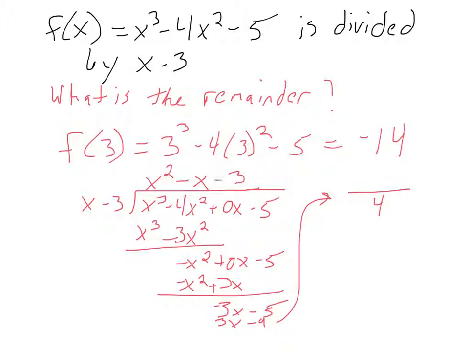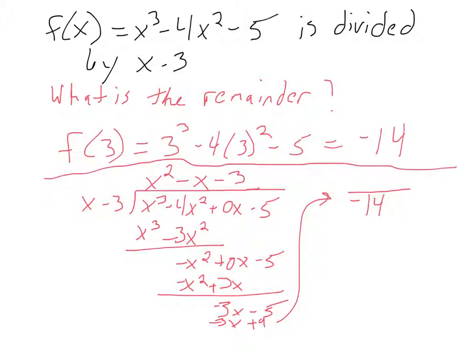All right? And so that will mean I'll get negative 3x plus 9, which will give me negative 14. So I'm subtracting 9 from negative 5. So we've shown that this is indeed true.